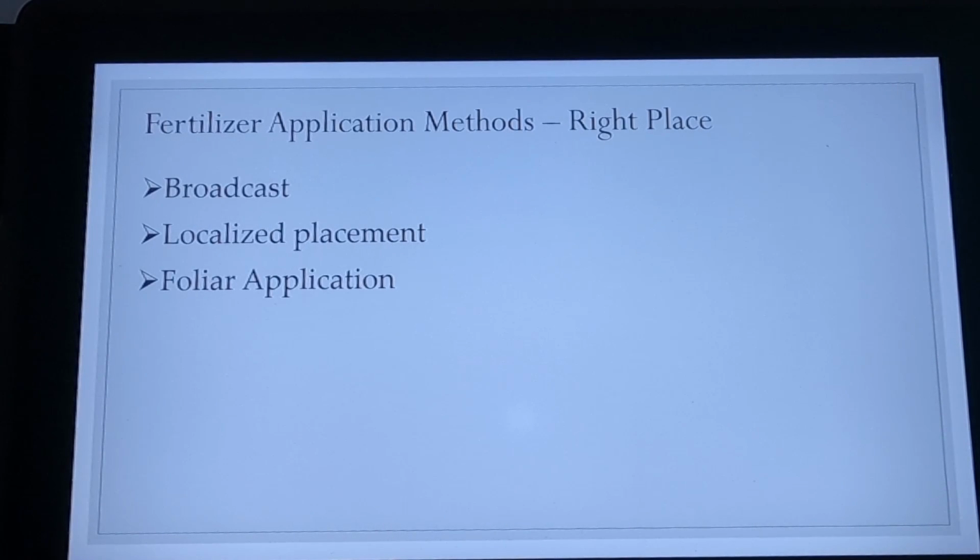We want to make sure that we're applying this fertilizer at the right place. So there's the difference between a broadcast or a banded application, or maybe, if you're in an ornamental situation, a foliar application. Y'all remember how mean I was about the pot problem?